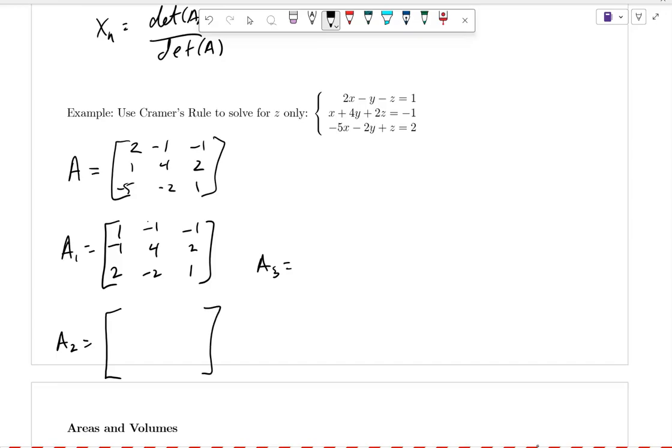Reading it by columns, what's your A2 going to be? Okay. And then finally, reading it by columns, what's your A3 going to be?